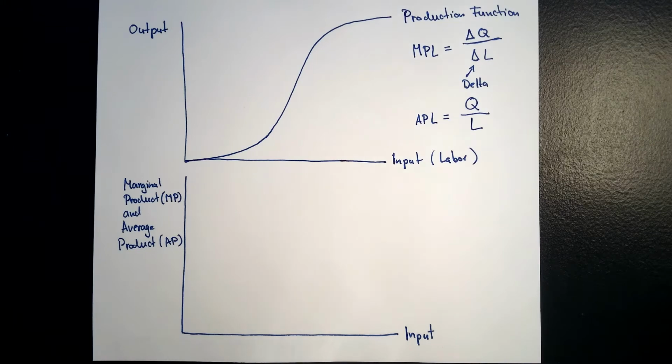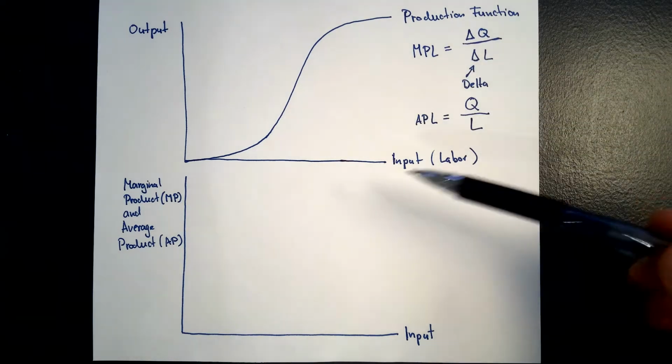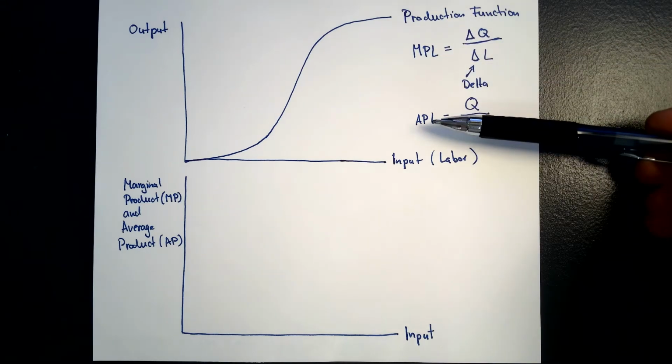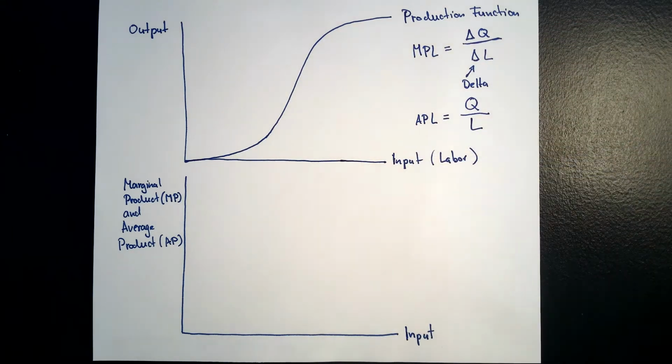So, for example, if you are producing 100 chairs, and you have 4 carpenters hired, then the average product would be 25 chairs per carpenter. Now, let us represent the concept of marginal product and average product in this graph here.